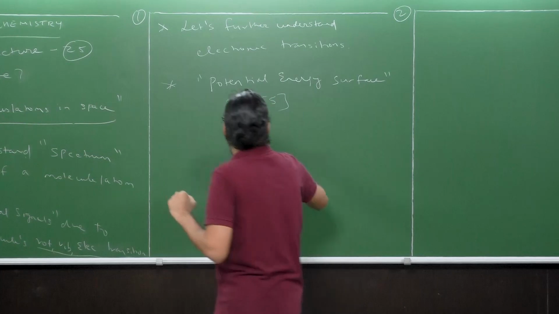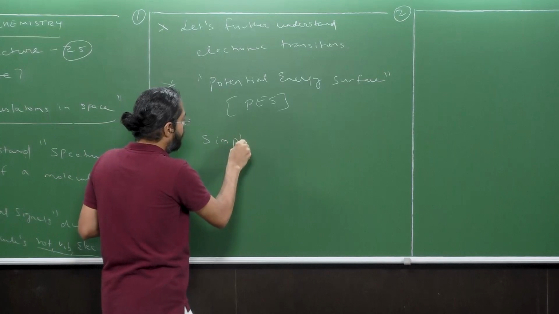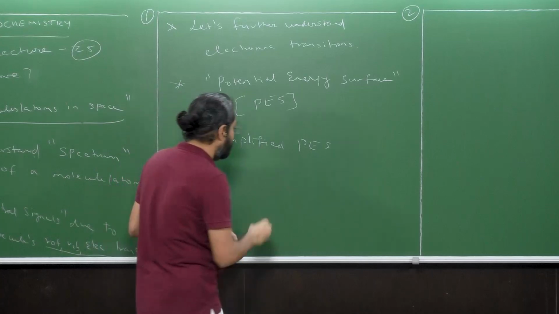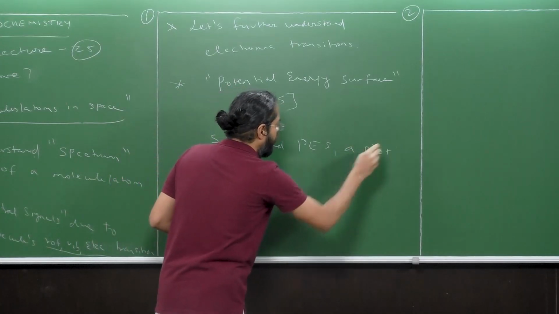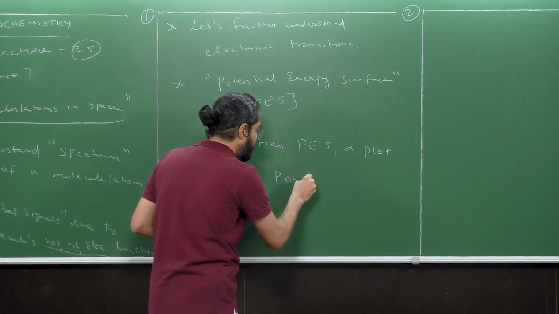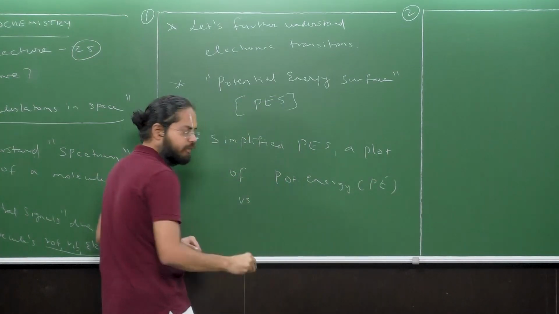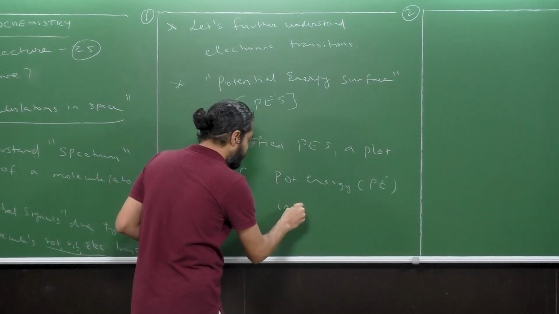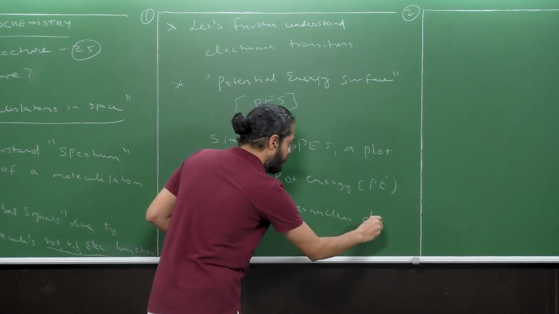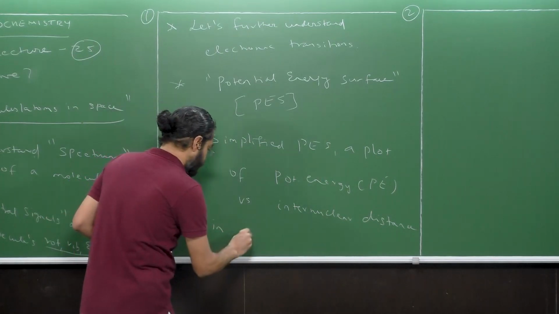So we're going to be working on a simplified PES, which is nothing but a plot of potential energy, I'm going to call it potential energy P, versus internuclear distance in diatomic molecules.